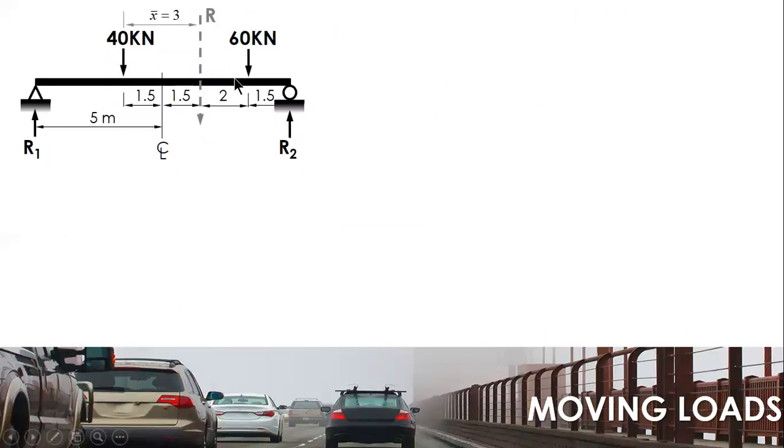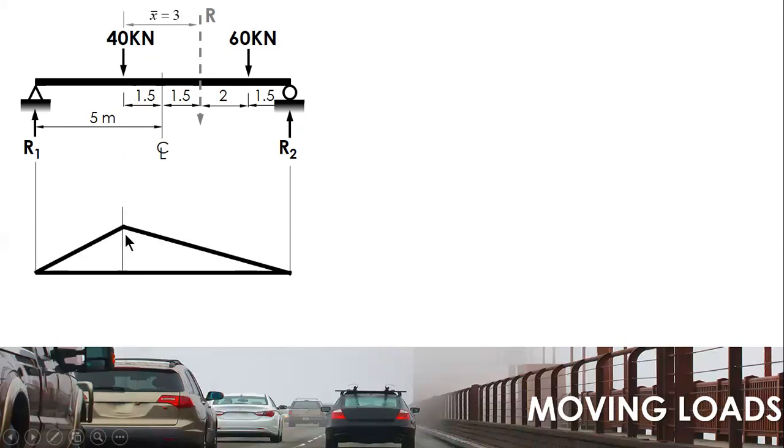This is for the maximum moment under the 40 kilonewton load. For the influence line, we do not take a moment by cutting. We all know that for the influence line, you rotate the section clockwise to get the influence line. It is a triangle.